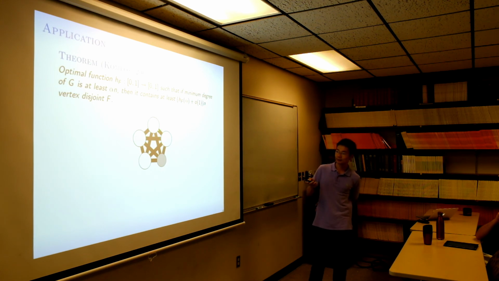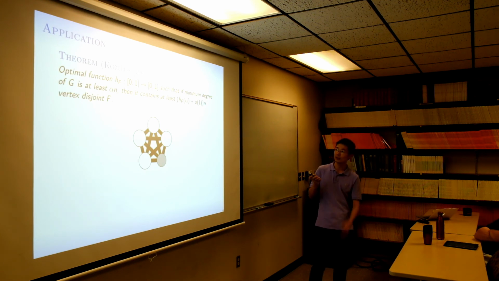The general example is this. You have an almost multipartite graph, with a complete graph here, and some arbitrary graph here, and some arbitrary graph here, and this part may be smaller than the other one.